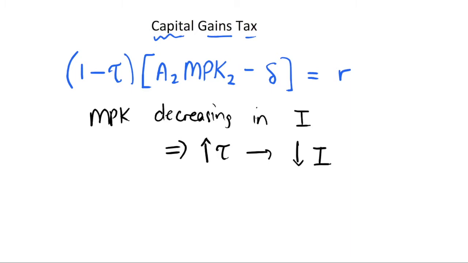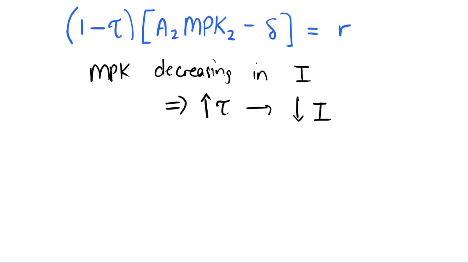But okay, let's have a look at the distortionary effect on an economy that this capital gains tax has. And when we're thinking about the economy here, we're going to look at our goods market equilibrium. So we're going to draw a diagram, but first let's think what goods market equilibrium means. It means our goods market clears, so our overall supply is equal to our overall demand, or our aggregate supply is equal to aggregate demand.